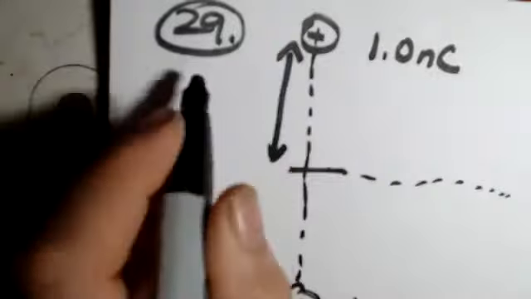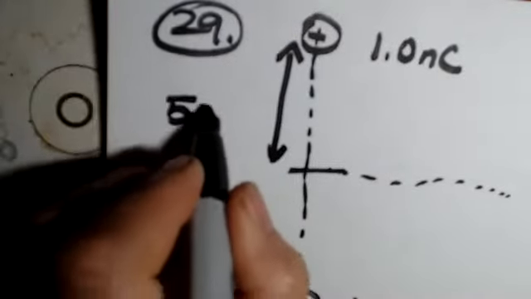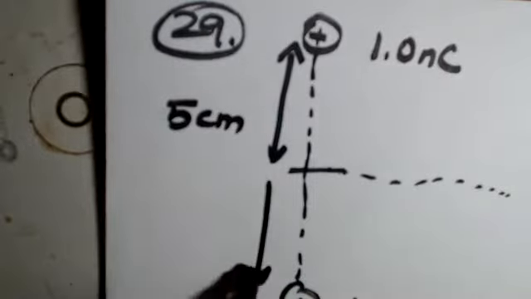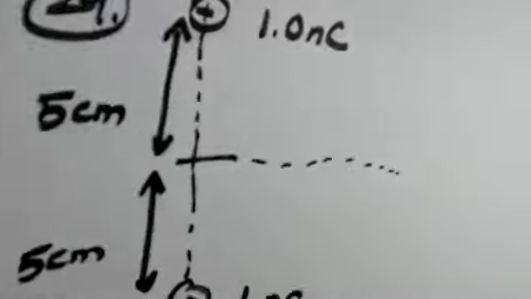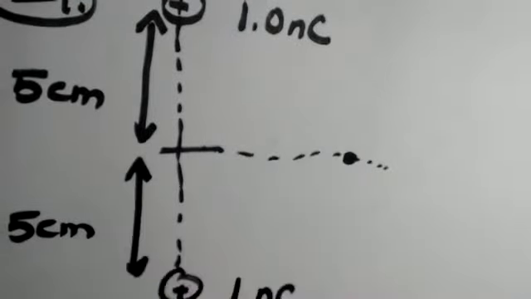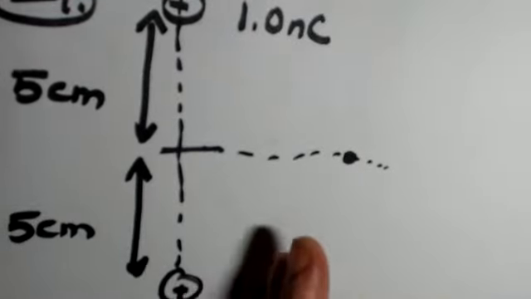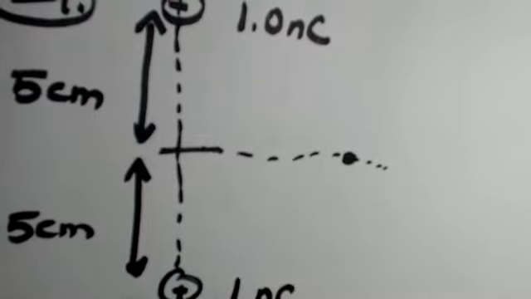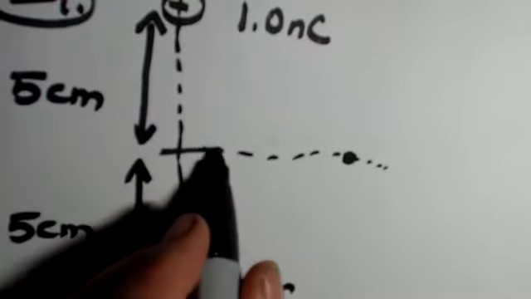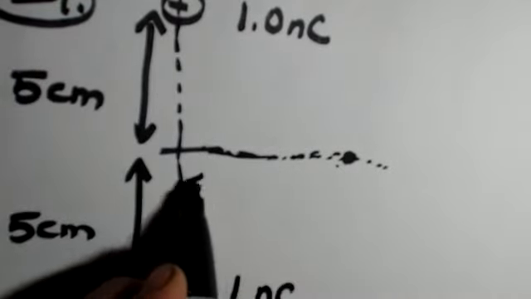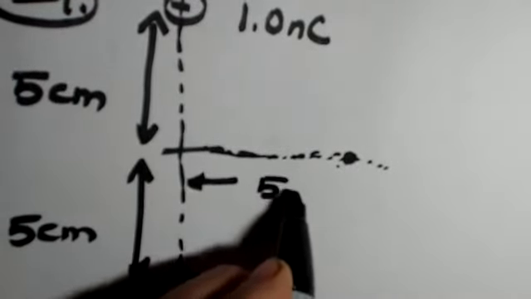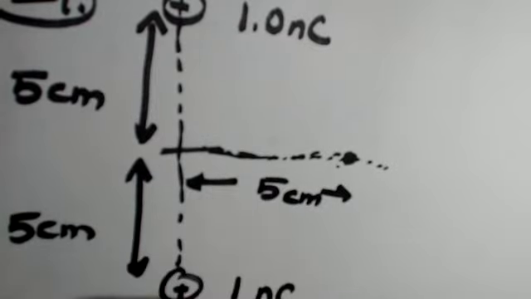This distance here is 5 centimeters, and this distance here is also 5 centimeters. And then over here somewhere, I have a point. I don't have to have a charge there to compute the field, because remember, the field is present all the time, whether or not there's a test charge there to feel it. It turns out that this distance right here is also 5 centimeters. So they like 5 centimeters in this book, apparently.